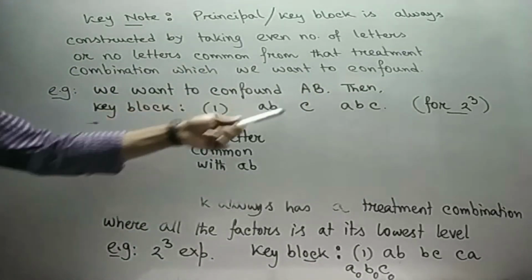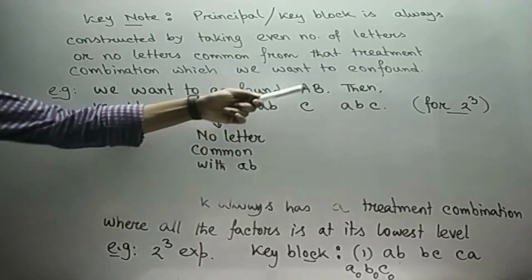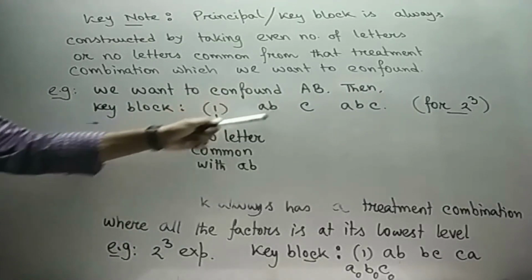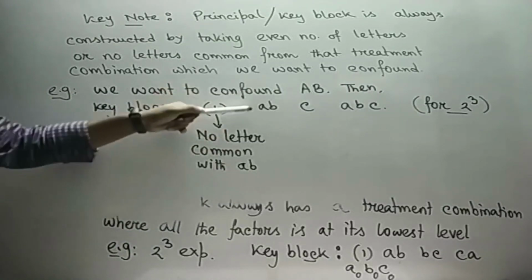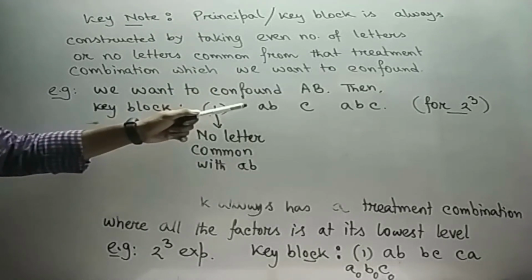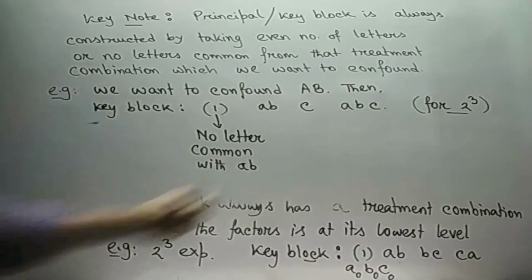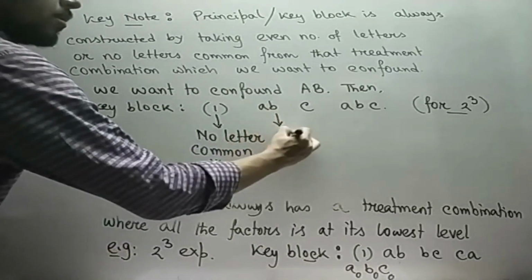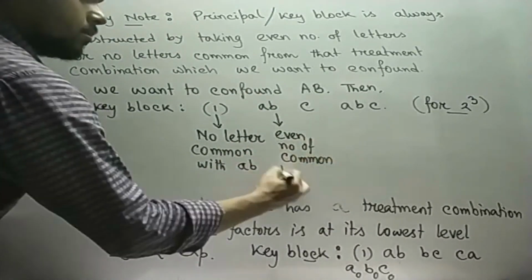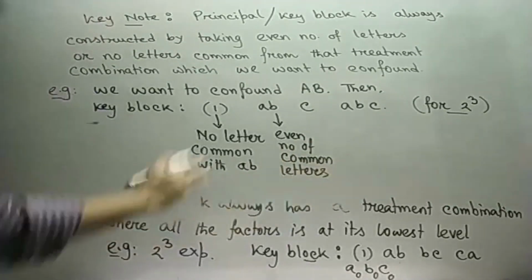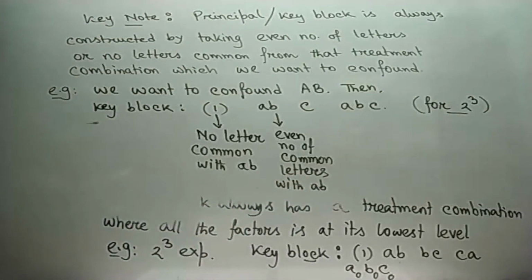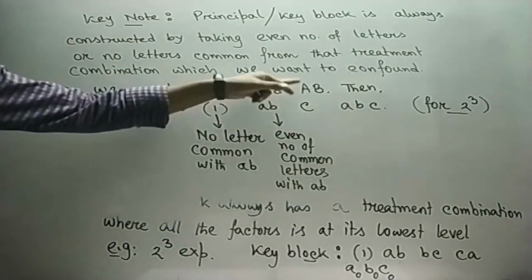Now in the second part, if capital AB is denoted by small ab, then we have an even number of common letters with small ab: in small ab and this ab, both A and B are common, so that's 2 common members. So even number of common letters with AB. Now C has no common letter with AB.